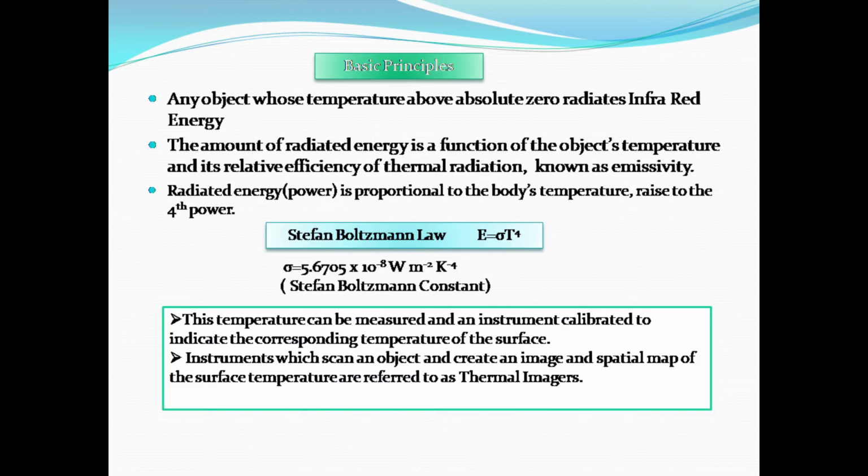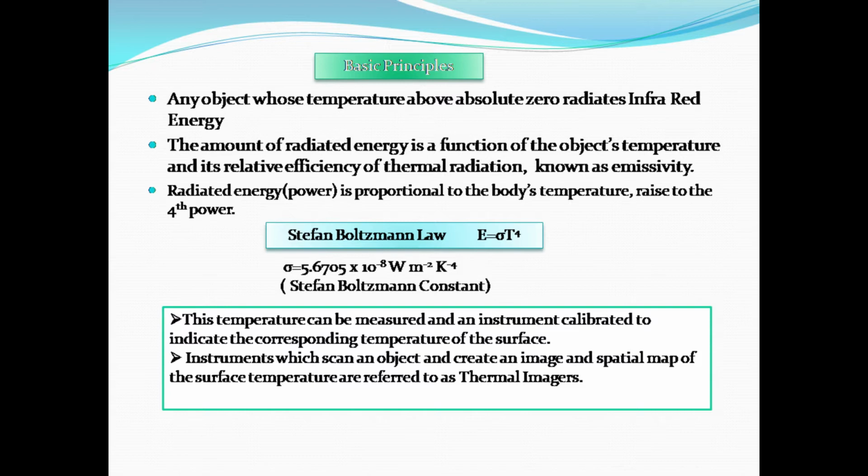Radiated energy or power is proportional to the body temperature raised to the fourth power, which we call the Stefan-Boltzmann law: E equals sigma T to the power 4, where sigma is the Stefan-Boltzmann constant. Its value is 5.6705 times 10 to the power minus 8 watt meter to the power minus 2 Kelvin to the power minus 4. This radiation can be measured and the instrument calibrated to indicate the corresponding temperature of the surface.